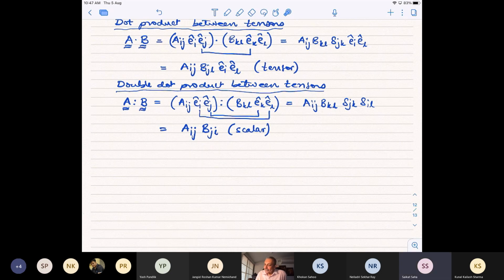Okay. And even over here, when I have to take two dot products, I first take between the two unit vectors closest to the double dot, and then we take the unit vectors which are remaining. Because if you had taken, let's say, dot product between EJ and EL, then you'll get the wrong answer. It has to be between J and K.